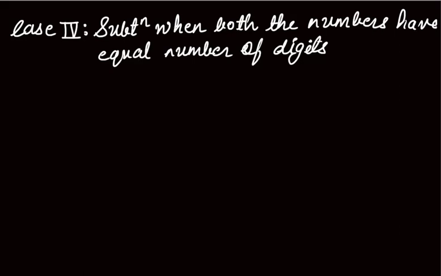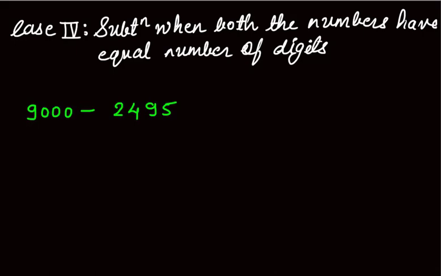Case 4. Let's also understand the trick to perform subtraction when both the numbers comprise an equal number of digits. Suppose that we have to subtract the number 2495 from the multiple of base 9000. Since both the numbers have an equal number of digits, we'll subtract the digits on the leftmost side of both the numbers.